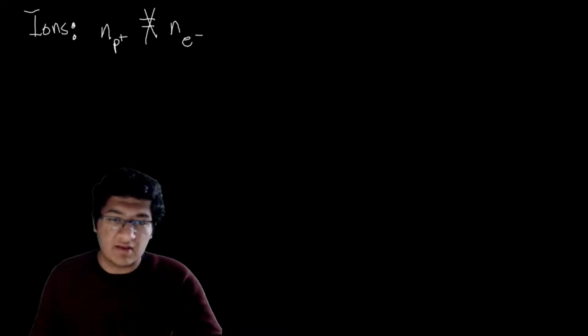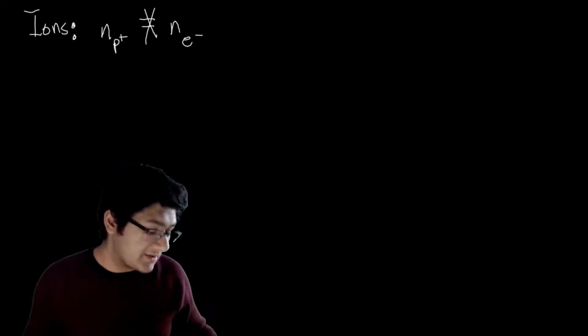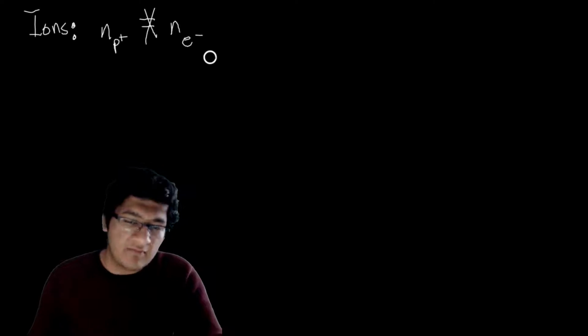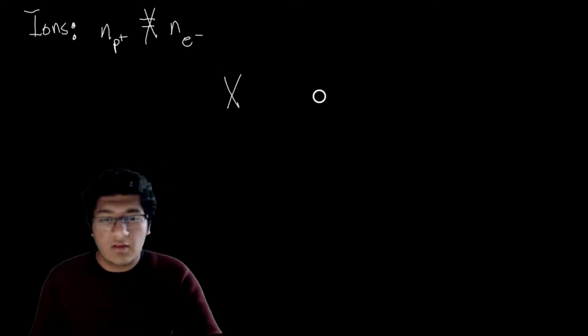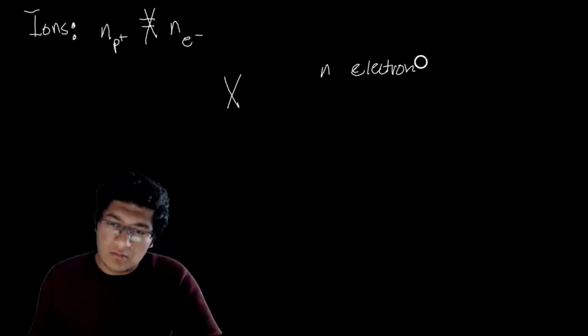This results in a charge, and charge is mainly dependent on the number of electrons in a certain atom. So let's say I have element X, and it initially has n electrons and n protons.